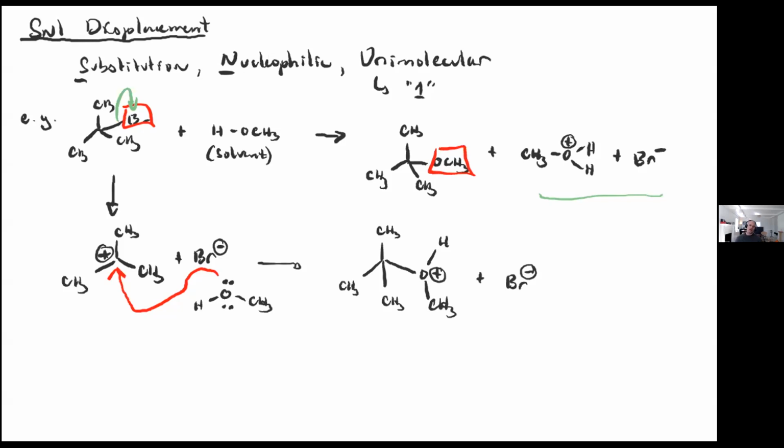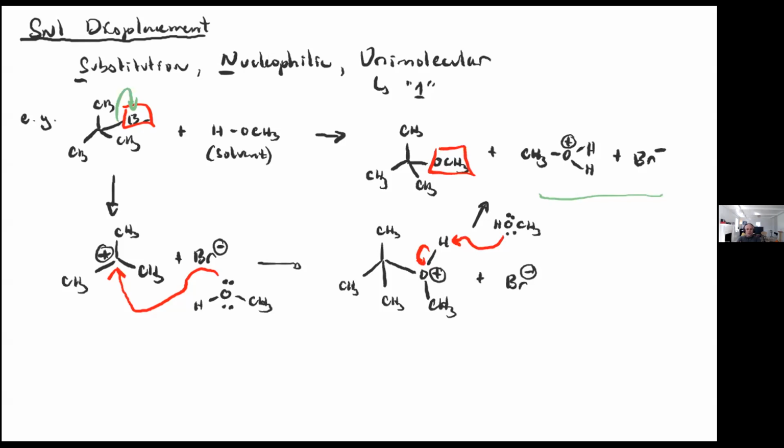Okay. And that protonated product is going to lose that proton to the methanol solvent. Okay, and so that gives you the products, so the neutral product plus protonated methanol and bromide.